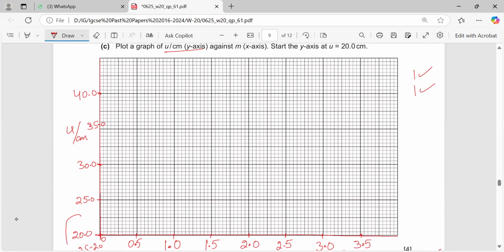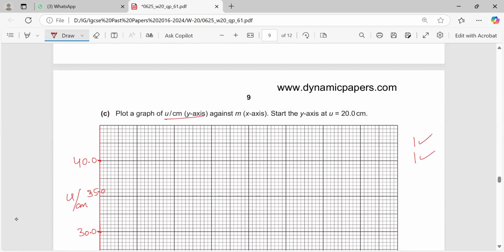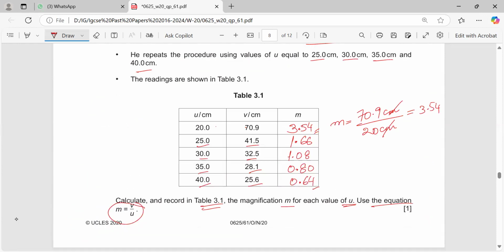See, we have the first value. When U is 20, M is 3.54. Wait a minute. U is 20, M is 3.54.